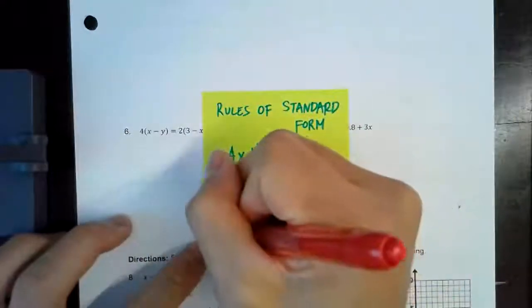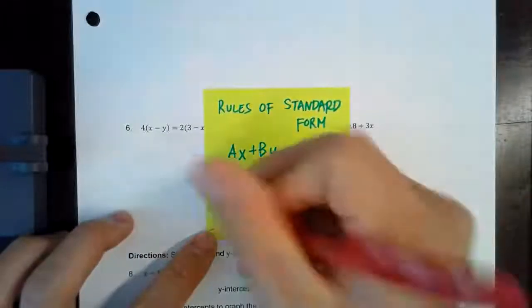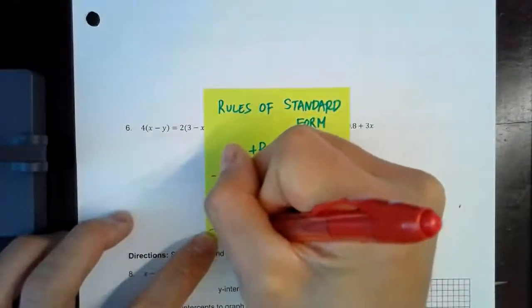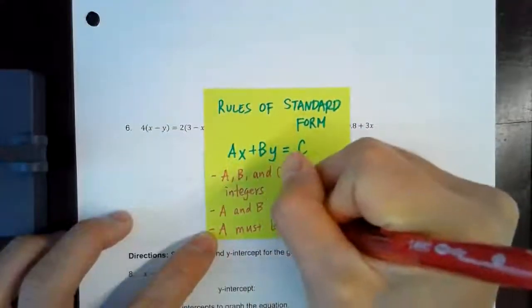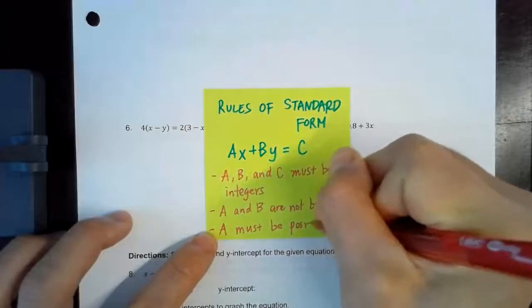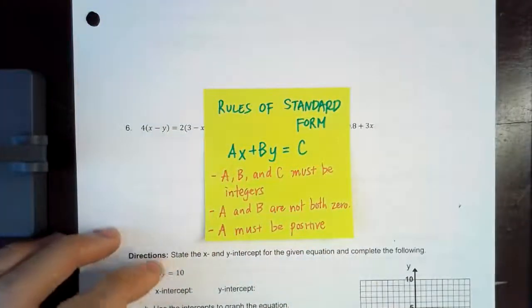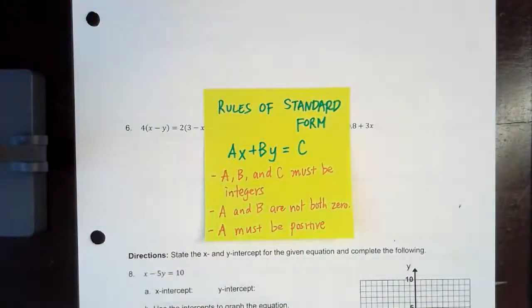And the last thing, this is something that we definitely cannot forget. This is basically saying A just has to be positive. The reason why is because it is the standard to keep your A value positive. Okay?